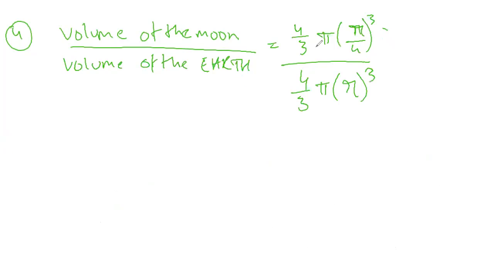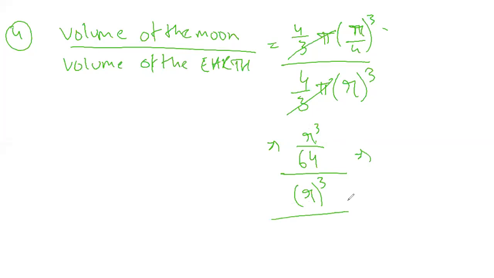So 4 upon 3 pi divided by 4 upon 3 pi will be 1. Both of these values are cut, and the only values remaining will be r cube upon 64 upon r whole cube. For simplifying, it will be r cube upon 64 into 1 upon r whole cube.